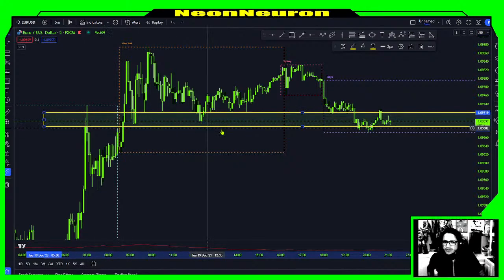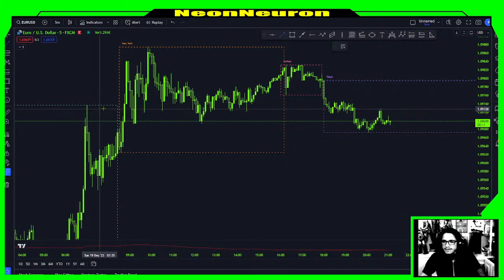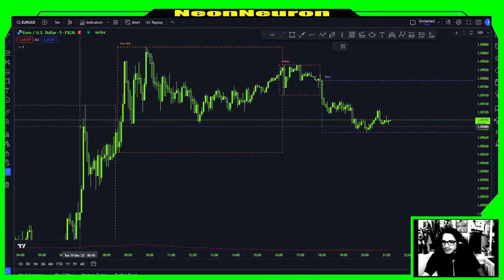Okay, so we have a zone right here. We have a zone right here. And then I'll draw boxes or use trend lines. Okay, so here's a point right there. That's where price hit and then rejected. So let's mark that.